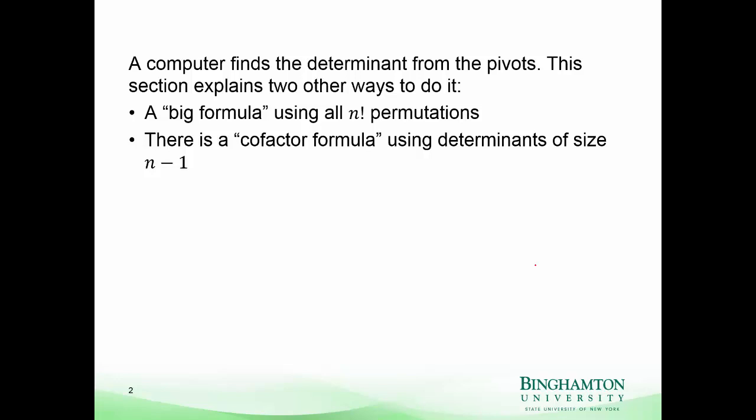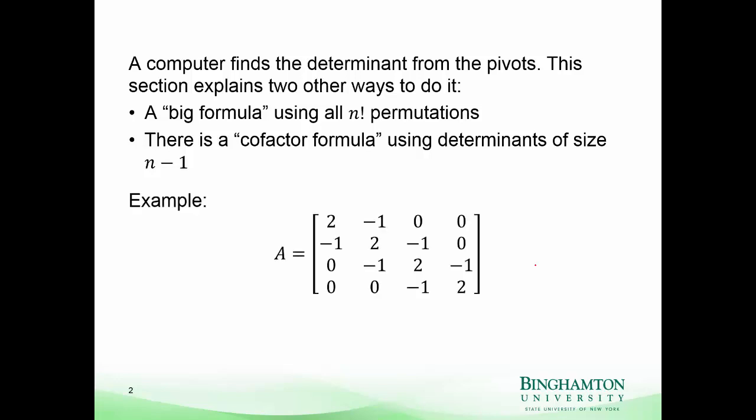Anyway, in the old days before you had calculators, for homework problems you would use these cofactor formulas to find determinants. But again, these days your calculator can do it, and MATLAB can do it for you. Nonetheless, it's worthwhile knowing about these formulas, because sometimes you'll run across them in a book or something.